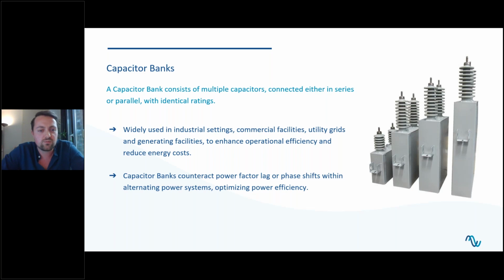Basically, a capacitor, by releasing the energy that it has stored, will counteract the power factor lag, or the phase shift between the voltage and the current within an AC system, and by doing so, it can optimize power efficiency. Later on in the next slides, we're going to go through how the capacitor bank will counteract the power factor, why it is important, and how by counteracting this power factor lag, it can improve efficiency and reduce costs.